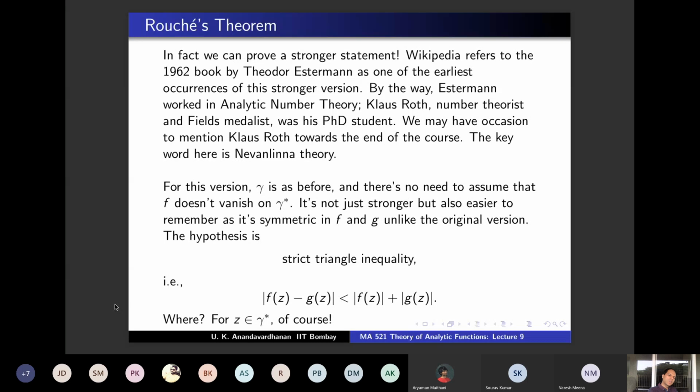So what is Rouché's theorem? N_f equal to N_g. The number of zeros of f counted with multiplicity is equal to the number of zeros of g counted with multiplicity. This is stronger, no? Why is this stronger? Because earlier you had to show the inequality mod f minus g is strictly less than mod f. But here you don't have to show that much.